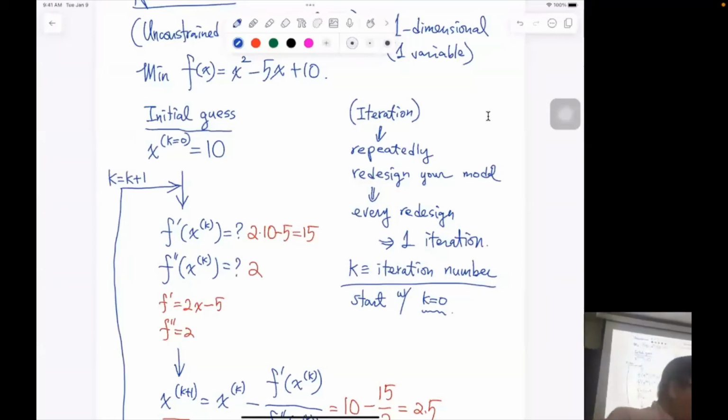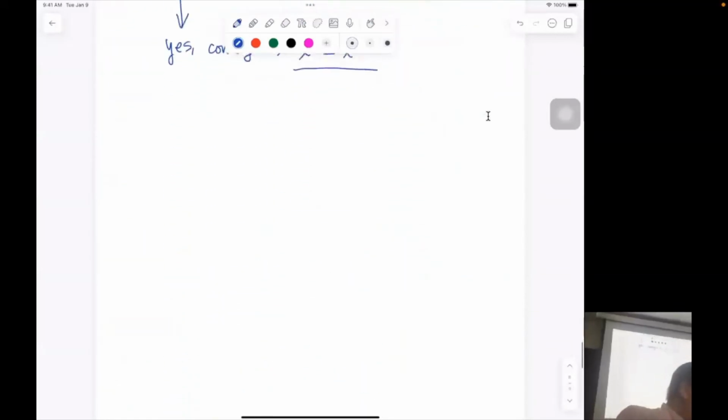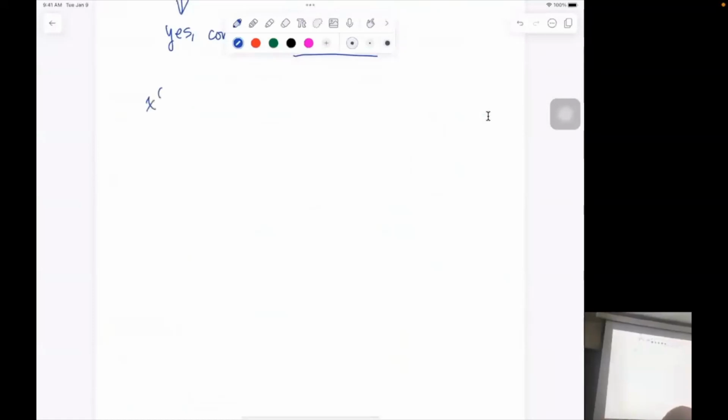So let's review the optimization process again, Newton's method. Initial guess, right? This is your initial guess. K equals 0 at the beginning.